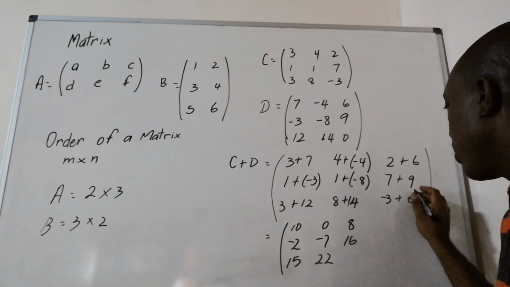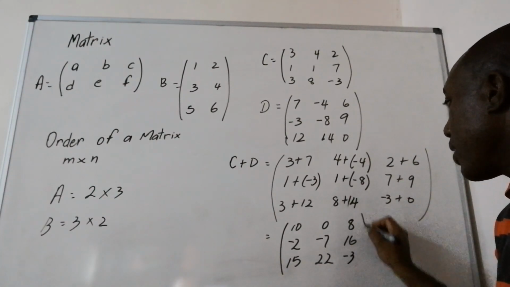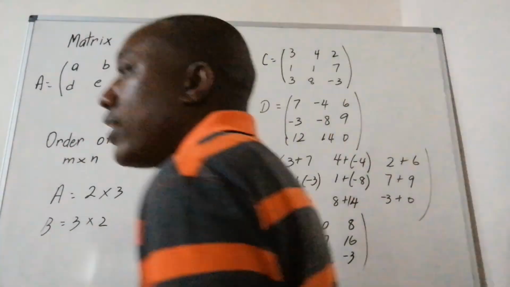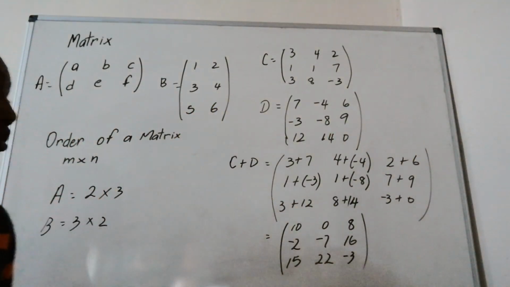And negative 3 plus 0, minus 3. So it's that simple to add matrices.